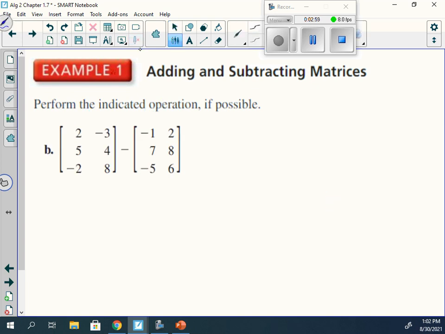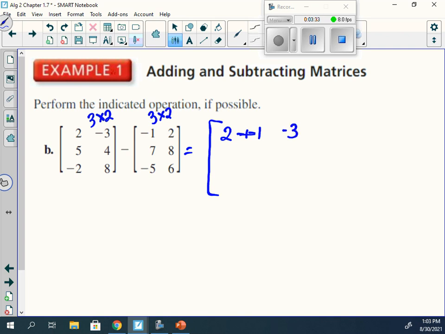Let's look at the next one. So what are the dimensions of this first matrix? 3 by 2, and the other one is a 3 by 2. So the dimensions are the exact same, so that means we can subtract them. So our first element is a 2. Our operation is subtraction. So negative and negative does make a positive, so we can say plus 1.